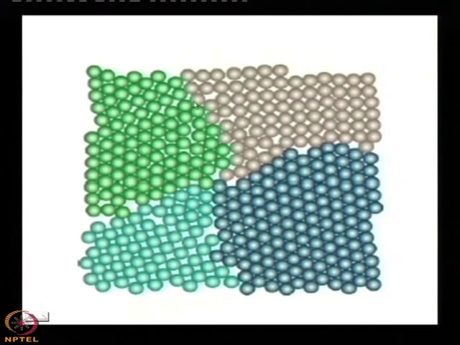There is a boundary, and this boundary is not perfectly oriented. Similarly, this boundary is not perfectly oriented. There are many boundaries. There are 4 grains here, and 4 boundaries, 1, 2, 3 and 4, and apart from those boundaries there are voids inside the boundary, you see.